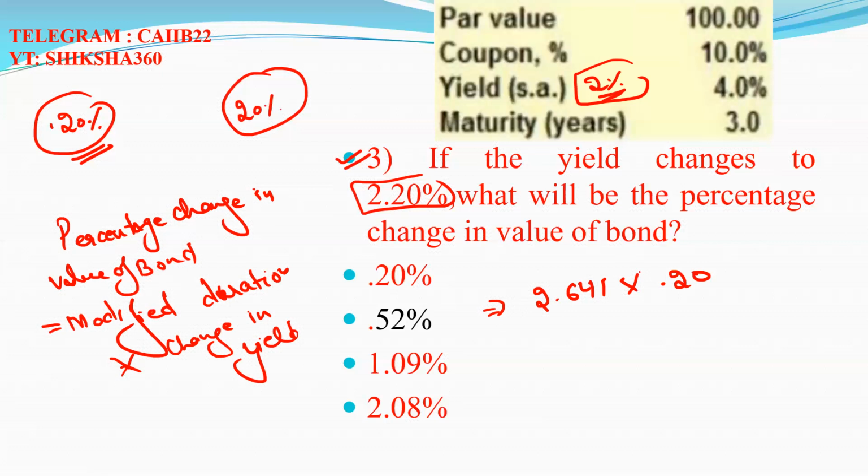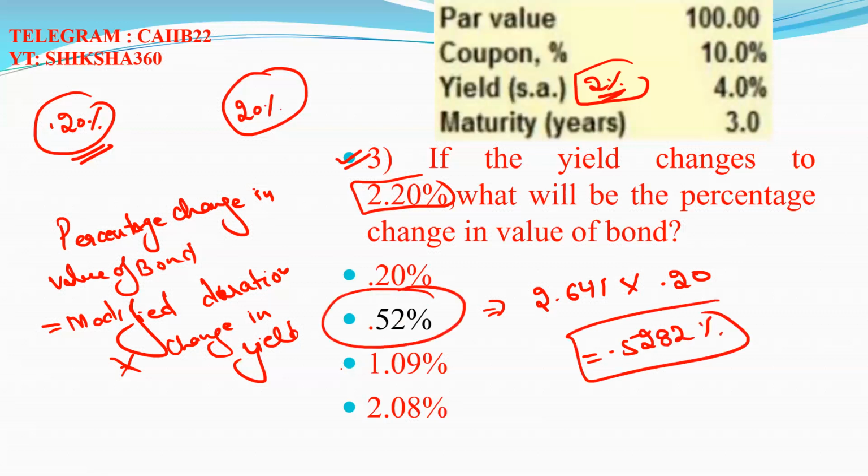Please try that: 2.641 multiplied by 0.20 comes out to 0.5282%. So we will get this option, 0.52%. Basically this will be the percentage change in the value of the bond.